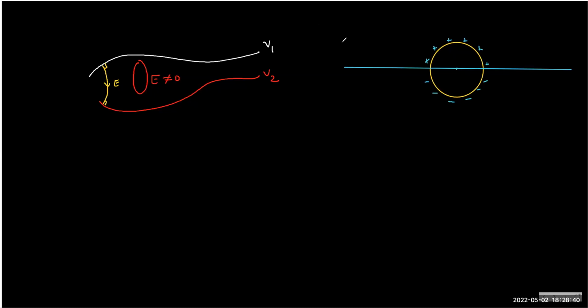If we choose any point on this axis which I've drawn, be it any point P here, the potential contribution from the above and the below will exactly cancel out, right? Yes. So no matter which point we choose, the potential is going to be zero because of symmetry.